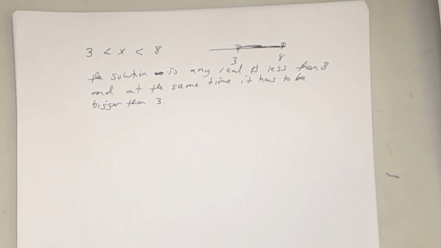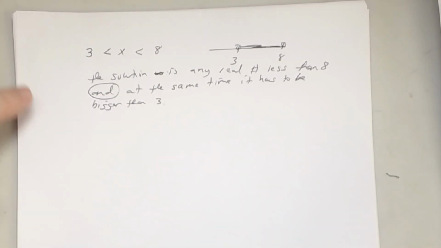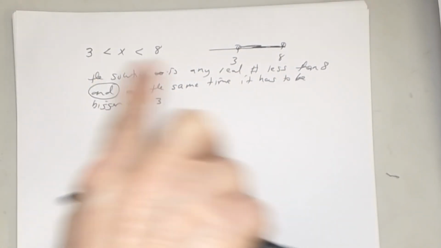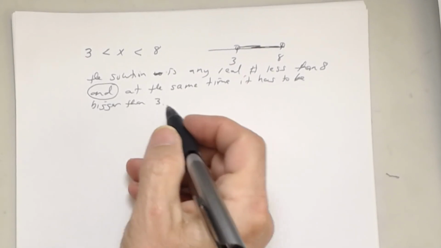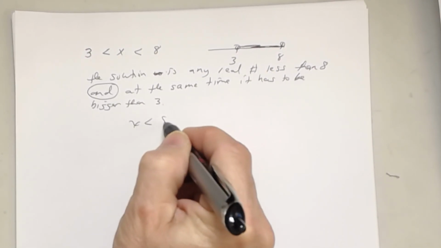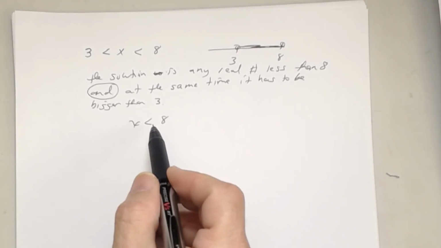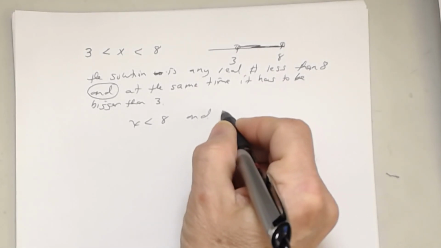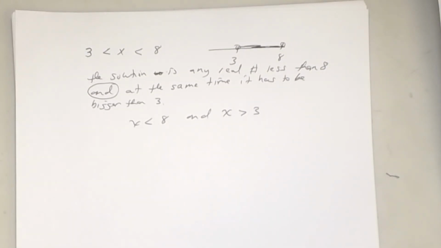Now notice in that sentence I used the word and. So when I write this as an inequality, look at how it looks. The solution is any real number, let's call that x, that's less than 8, and x has to be greater than 3.